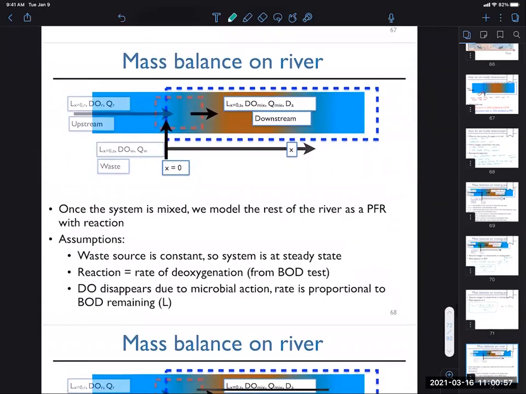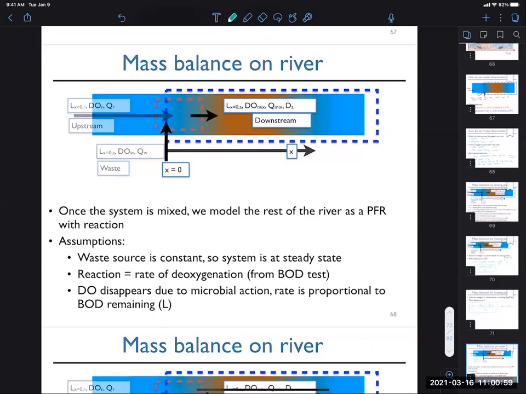So next we want to do the mass balance on the river. We're going to model that system as a plug flow reactor. To do this, we're going to assume again that the waste source is constant, so the system is at a steady state. Question for you guys to think about. Does this mean that the DO as a function of distance is constant?